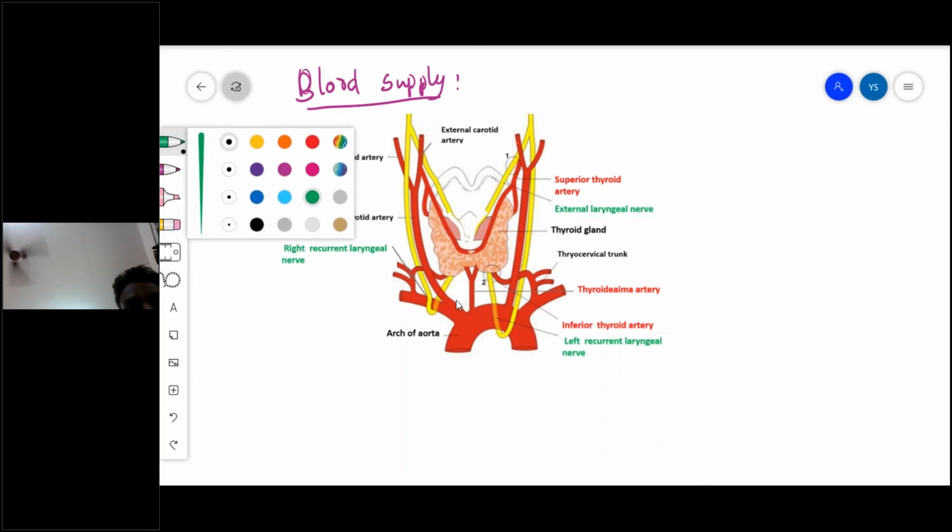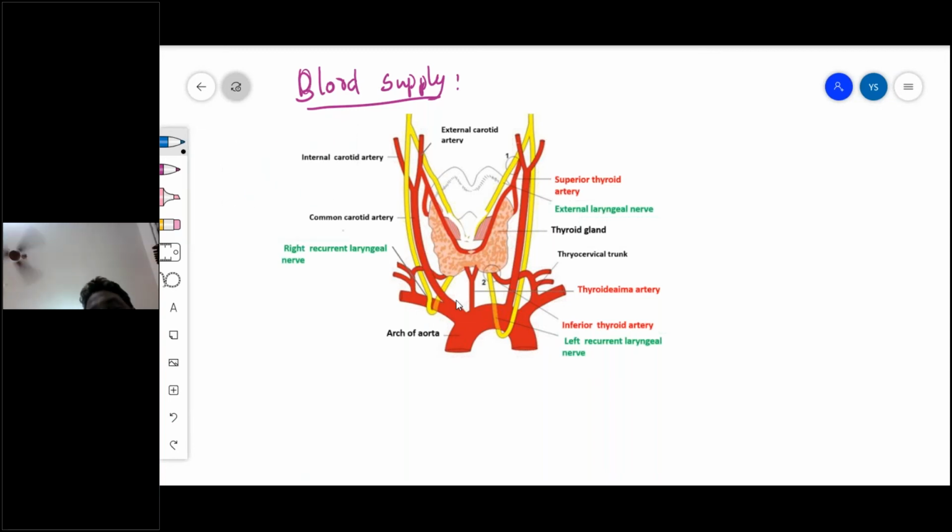Yes, sir. Okay. In this picture, you see the arterial supply. Two pairs of arteries are supplying. Number one, what is that artery? Superior thyroid. Number two, inferior thyroid artery. The superior thyroid artery is a branch of the external carotid artery.